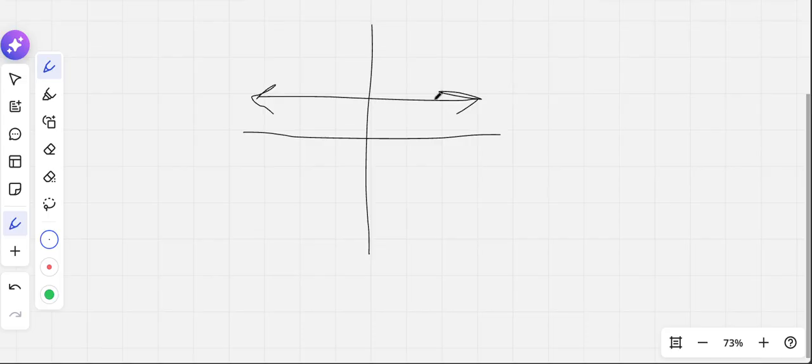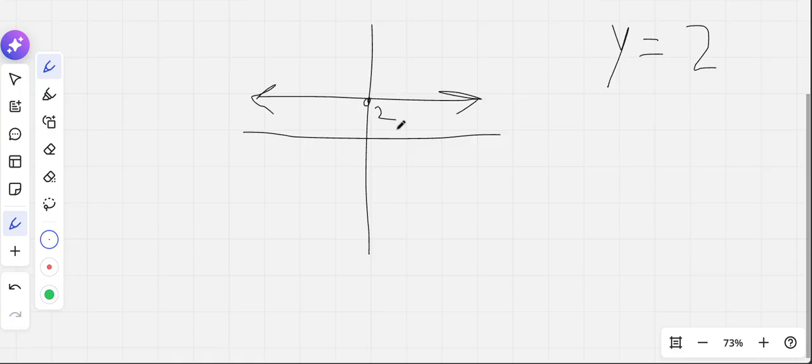So the way we would represent this, let's say it intersects the y-axis at 2, so it would be y is equal to 2. So every single x value is equivalent to 2, but this still counts as a function, because each x value still only has one y value.